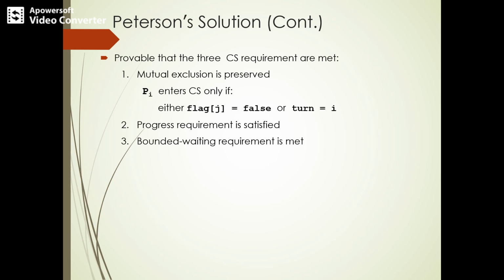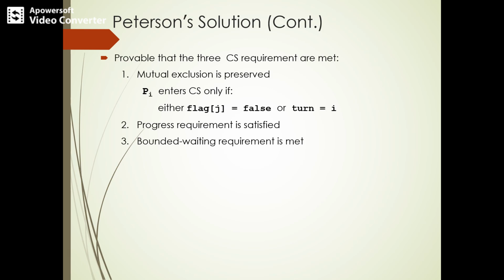The third condition to ensure that the critical section problem is met is the bounded waiting requirement. We have set a bound on the number of times a process is allowed to enter. This is only for the first time, wherein we can observe that process Pi is entering.